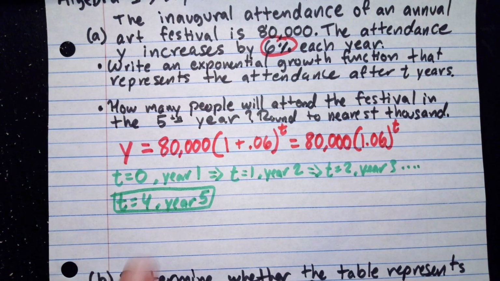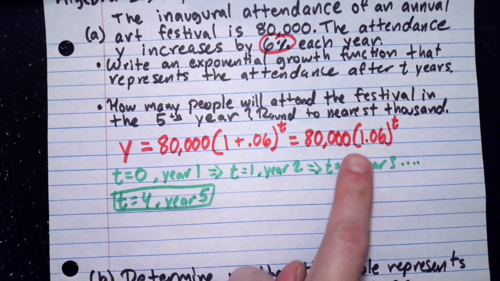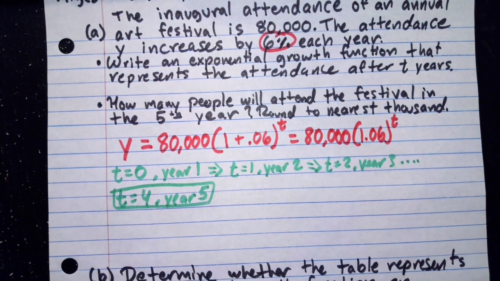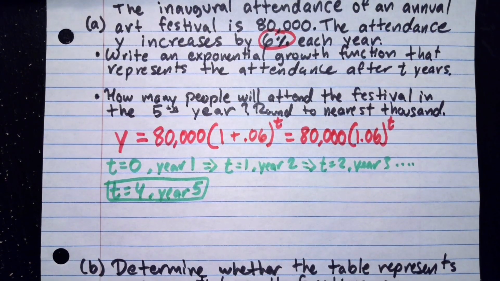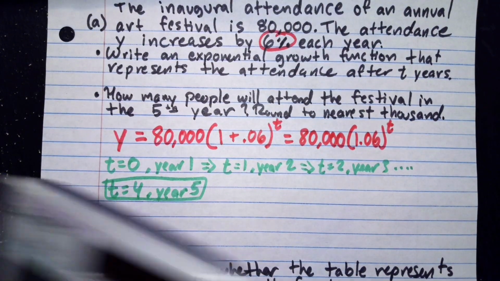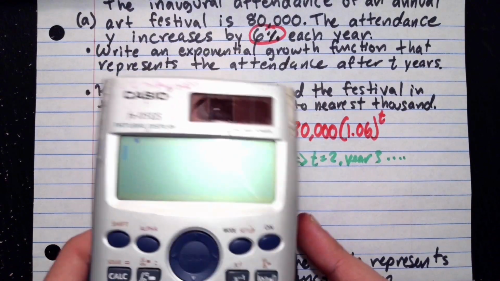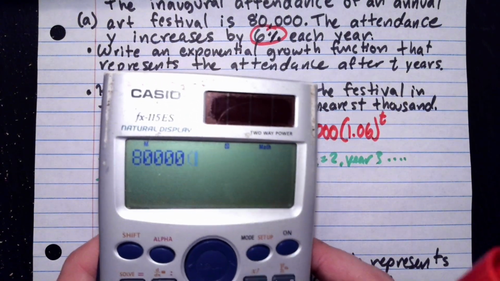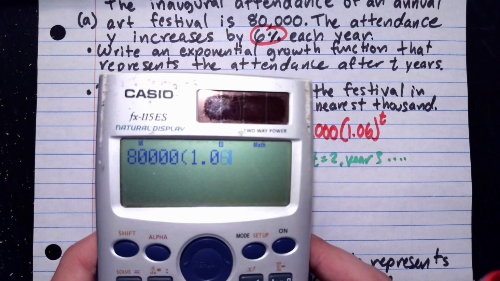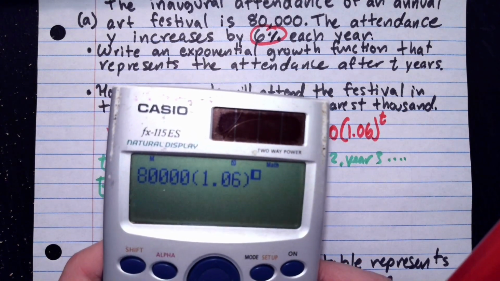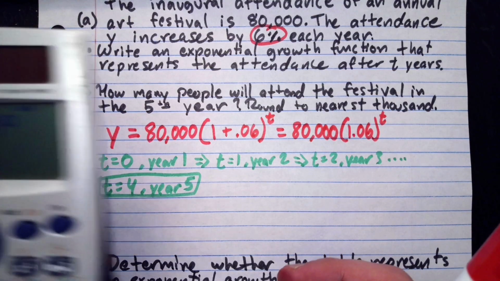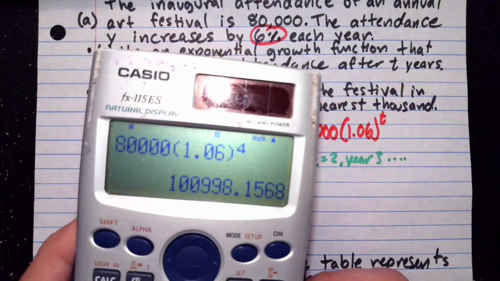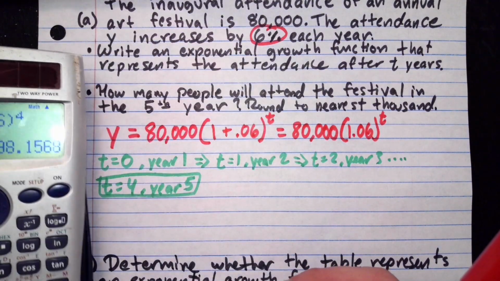So we're going to take that t equal to 4 and stick it in the function that we just figured out earlier. I'm going to do that in a calculator, because you're supposed to do it in a calculator anyways. We're going to do 80,000 times 1.06, raised to the 4th power, because t is equal to 4, and that gives us this number right there.